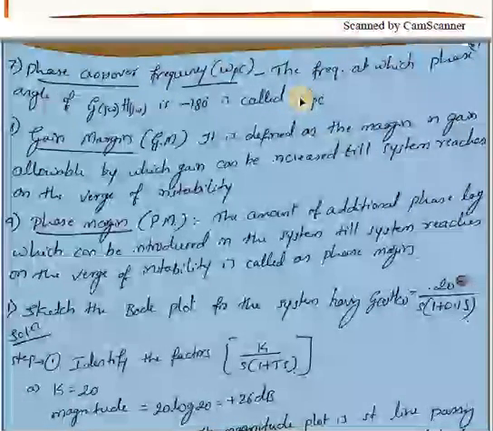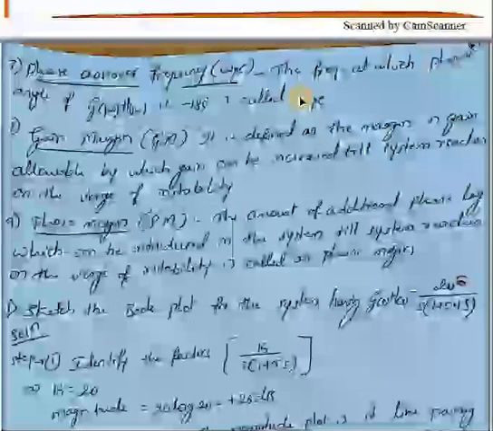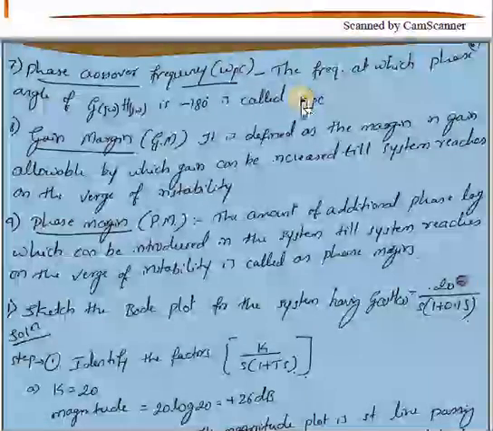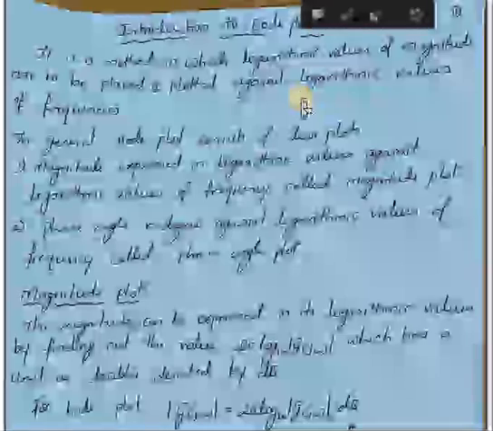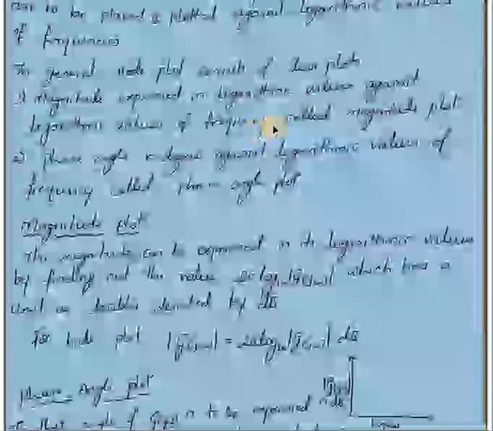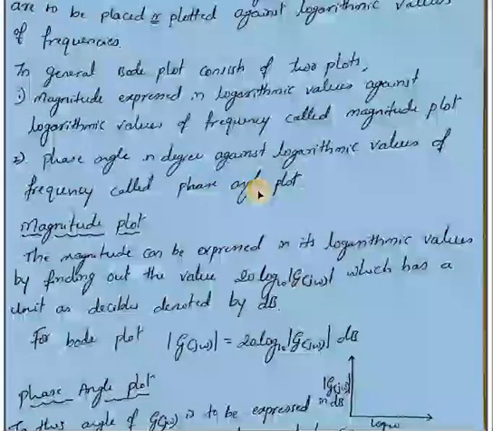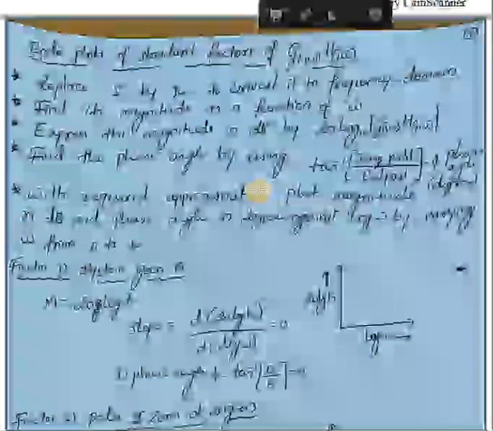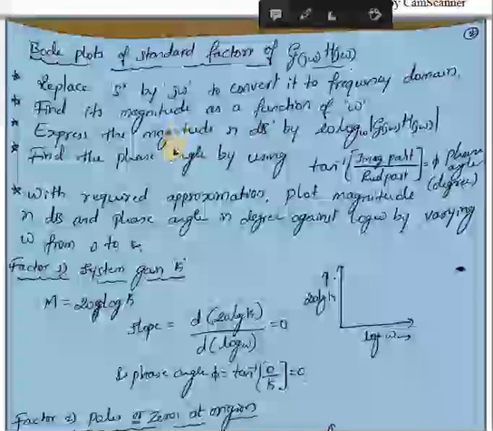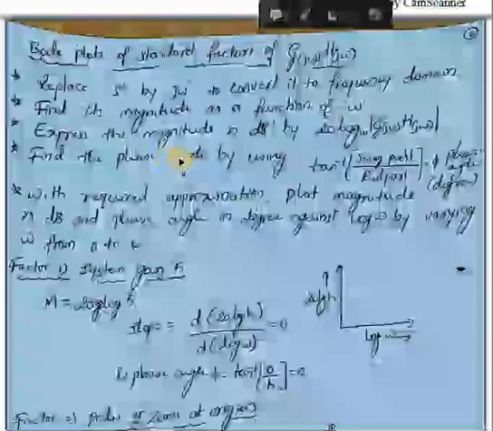So these are some of the basics of the Bode plot. Here you need to understand what you mean by the magnitude plot and what you mean by the phase angle plot. For that, you need to understand the standard factors and the steps involved to analyze them.